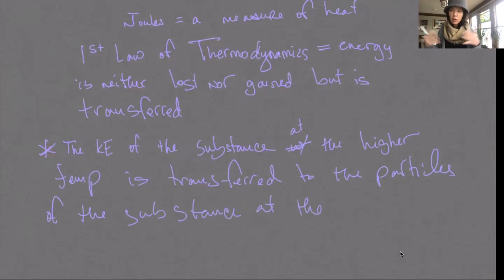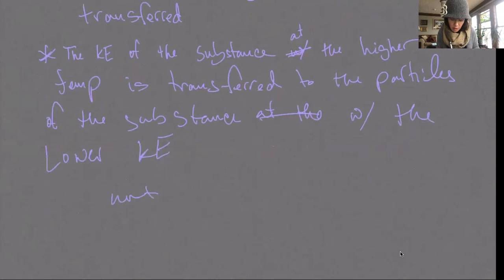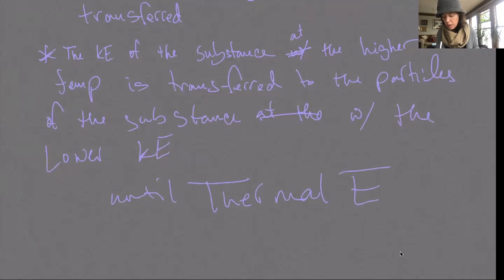So the molecules collide, the molecule with the larger average kinetic energy moving faster transfers some of its energy to the particle that has the lower kinetic energy, and this continues to the particles of the substance with the lower kinetic energy. And this continues until what? Until thermal equilibrium is reached.